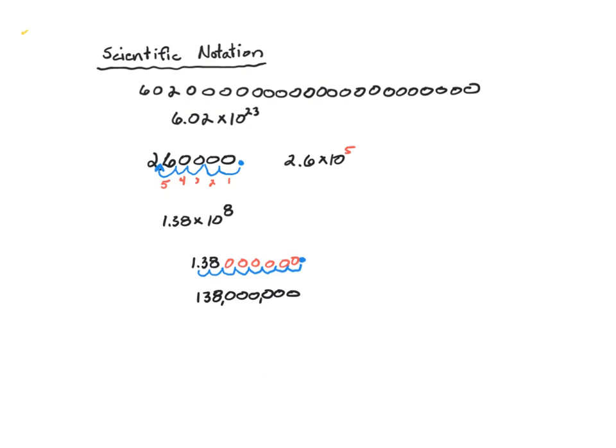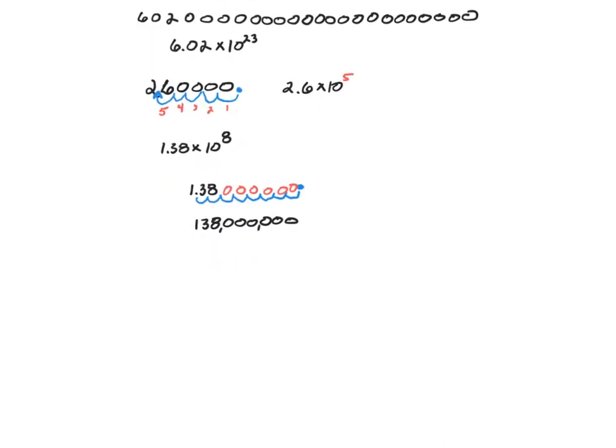Now, I said earlier that we can use this for very, very large and very, very small numbers. So here's a small number that you're going to encounter probably right around chapter 7.